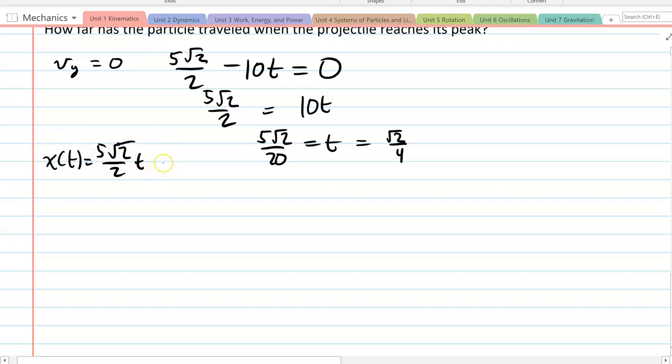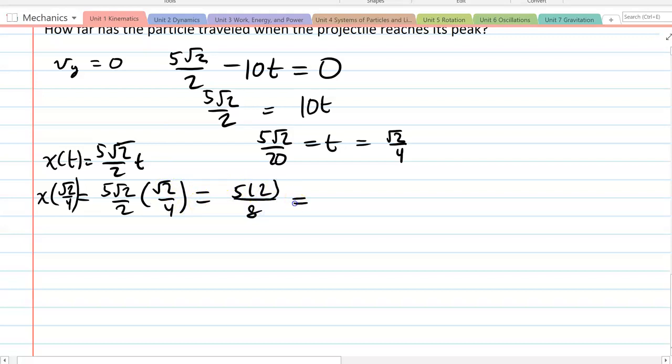So if we put in t equals root 2 over 4, we get 5 root 2 over 2 times root 2 over 4. In other words, 5 times 2 divided by 8, which is 10 over 8, which is 1.25 meters, and that's the answer.